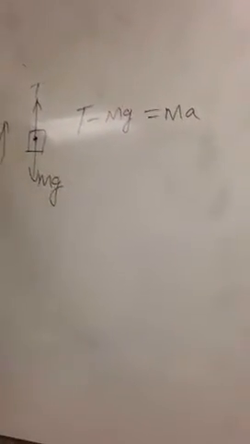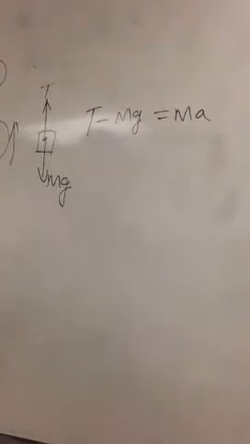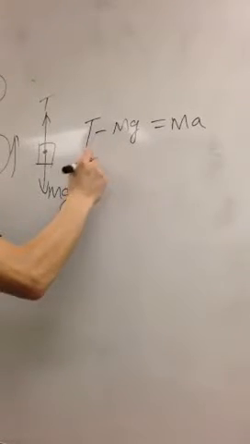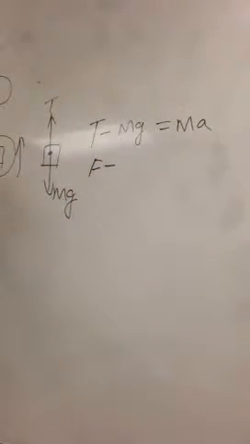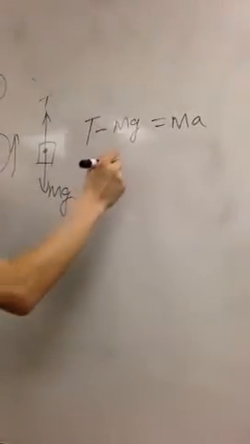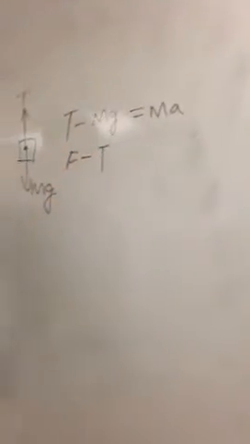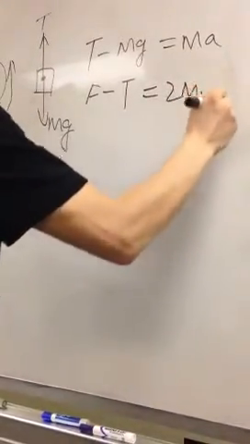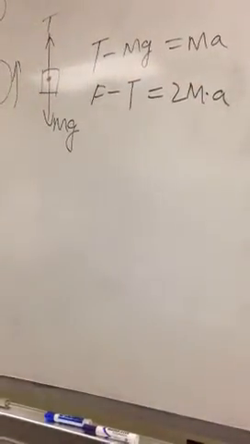And then you look at this object, 2m, it has a force, F, and also the tension, but in a different direction. And then it's 2ma, because it's 2m, the mass.